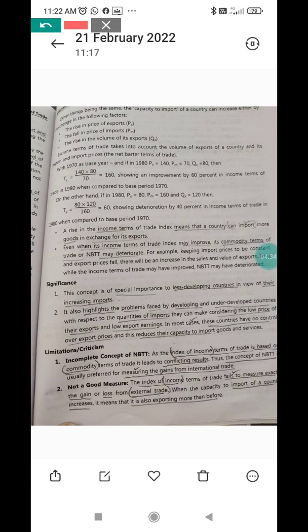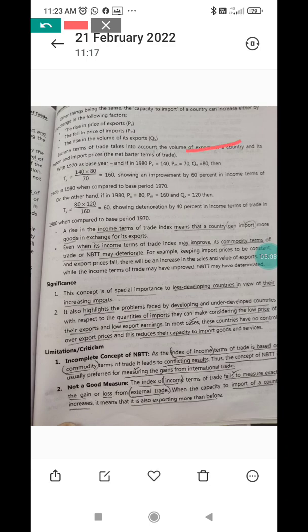It discussed the price. After that we had discussed gross barter terms of trade. So that concept was about quantity. And income terms of trade is about both price and quantity. So there is a discussion of price and quantity also.